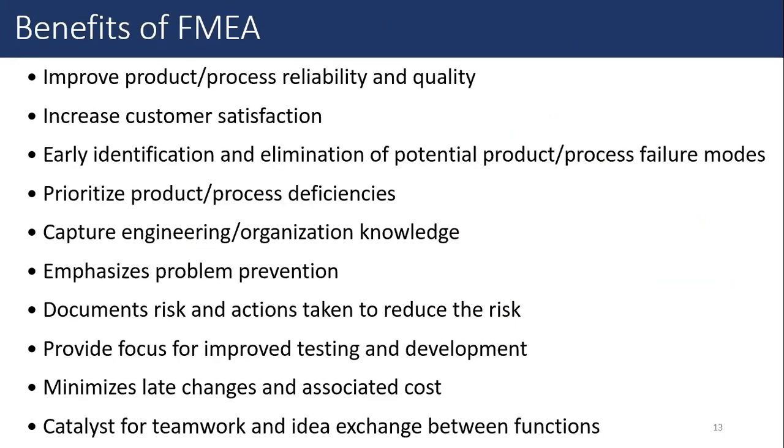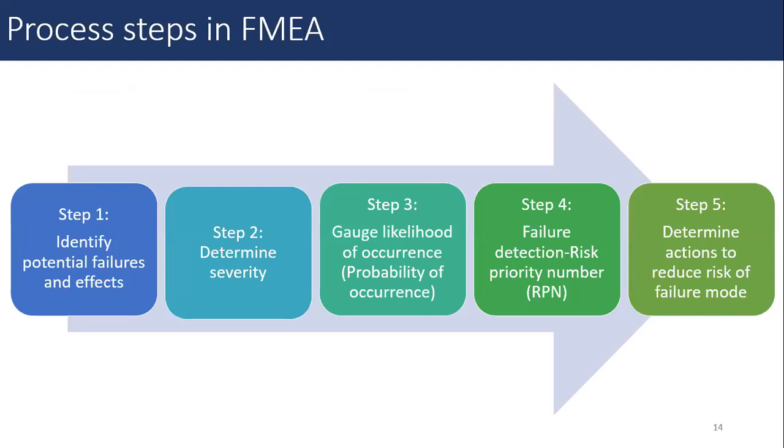Now, how to use it and its benefits, you can read. I am going to explain. There are 5 steps. In the first step, you identify the potential failures and effects. I suppose you can remember the systems we have discussed in this lecture series.